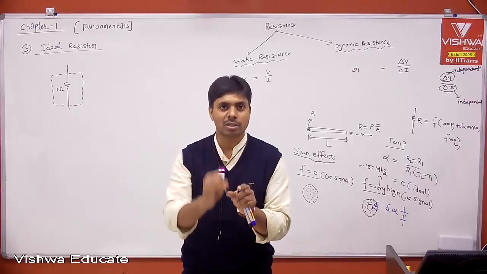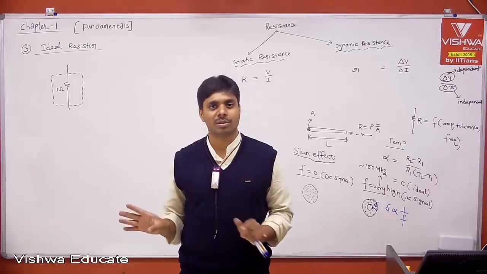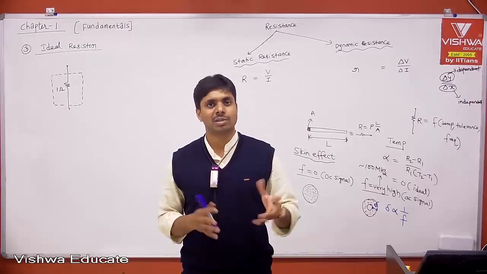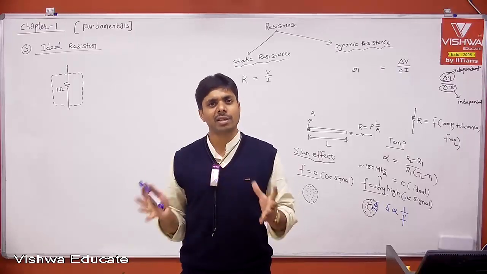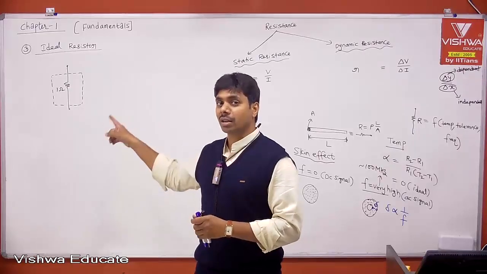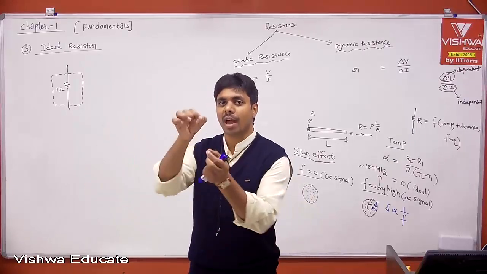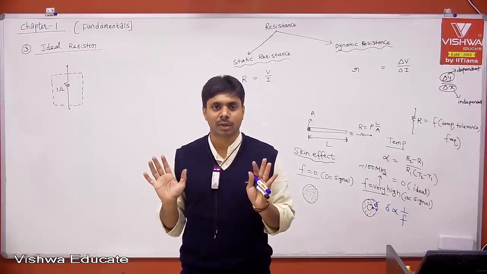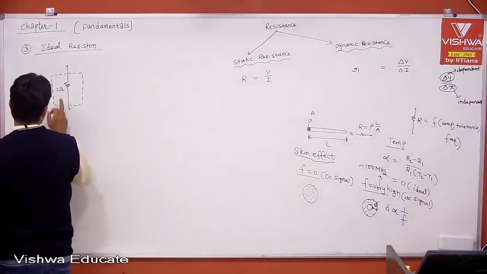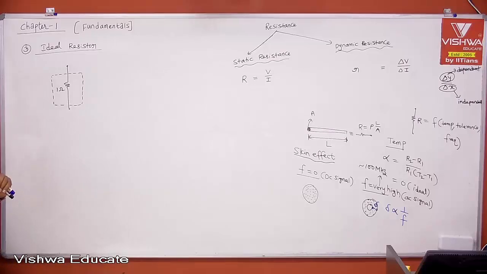It should give constant voltage, then only it is an ideal voltage source. Similarly, an ideal current source, irrespective of anything, has to give 10 ampere. An ideal resistor, irrespective of anything, has to have 1 ohm. Everybody understood? Right.